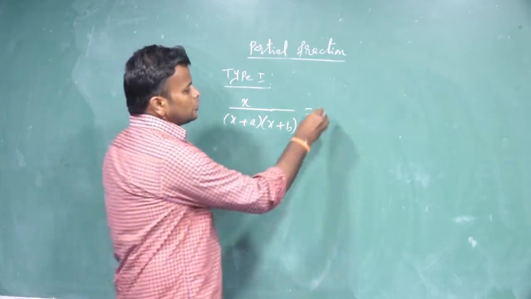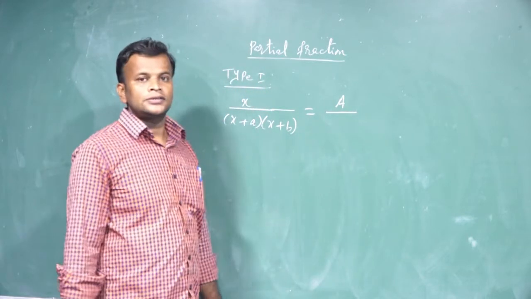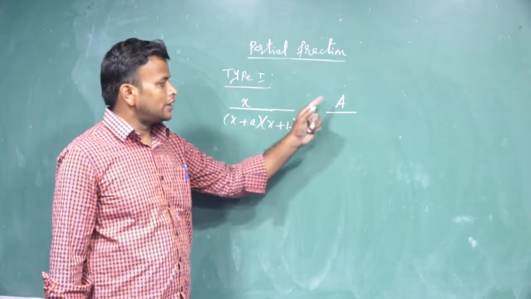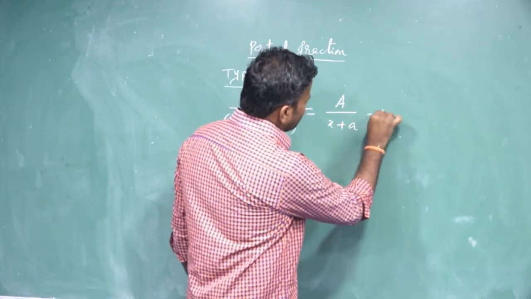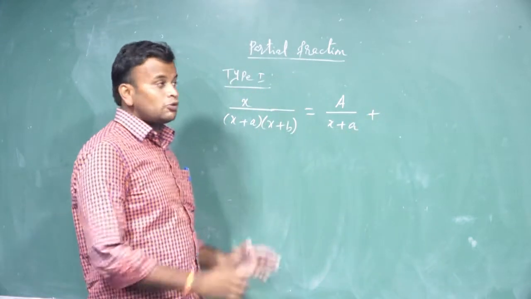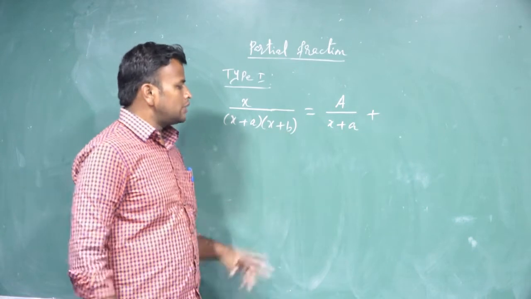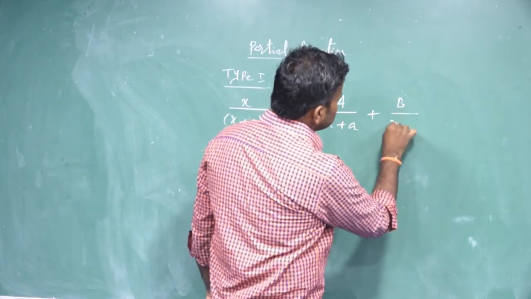Okay. How to write? For each and every linear factor, one constant. So first, what is the factor? x plus a. So I have the constant a. So a by x plus a. We introduce the symbol plus, we split, plus the second linear factor is x plus b. So the constant is b, b by x plus b.